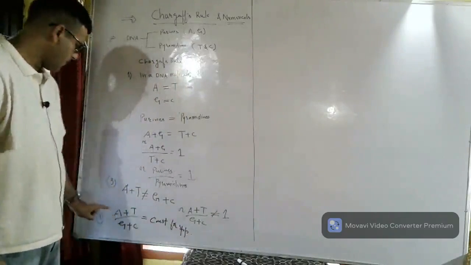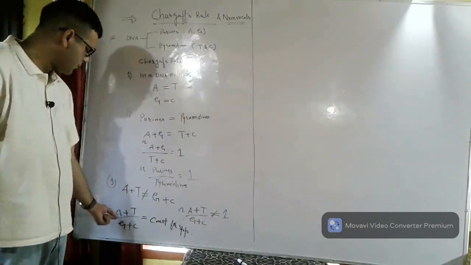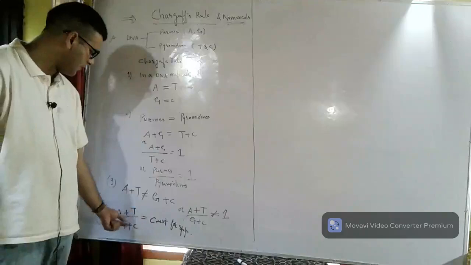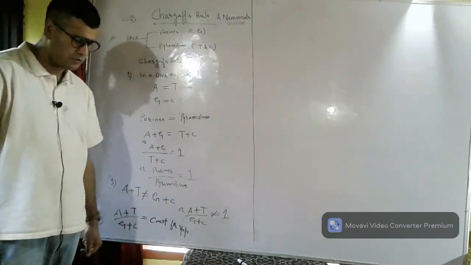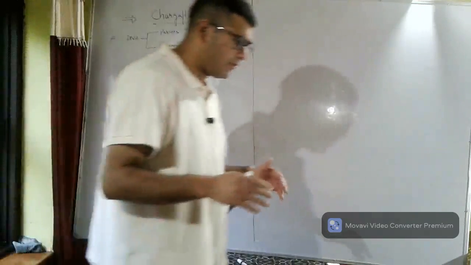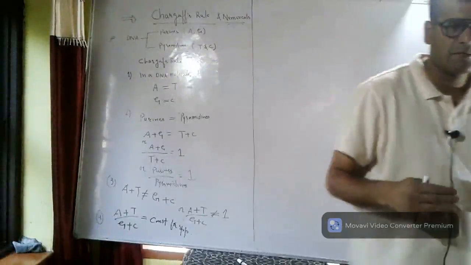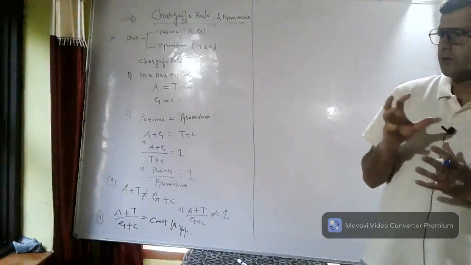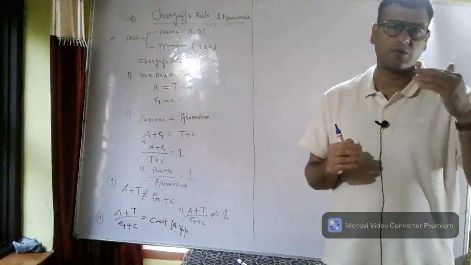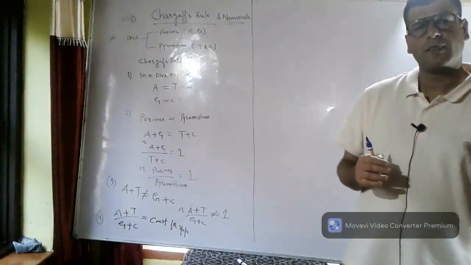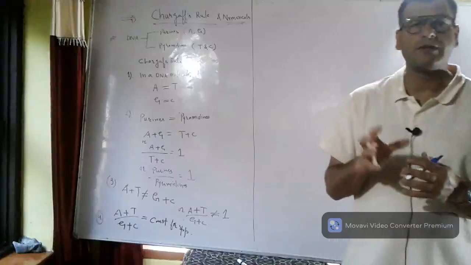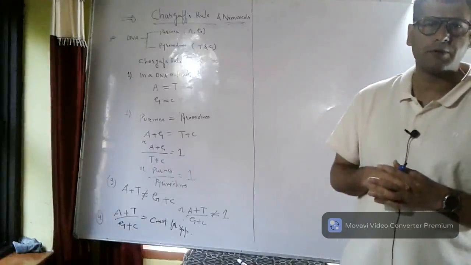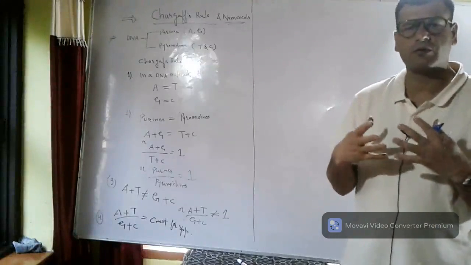The value of adenine plus thymine by guanine plus cytosine varies from one species to another, but it is constant for the members of a particular species.